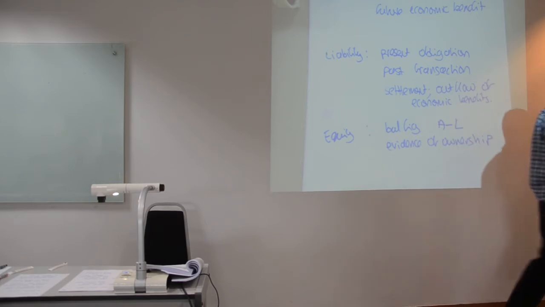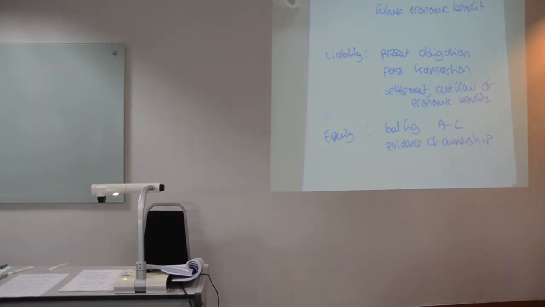If you own a property, and the property is worth 100, but your mortgage is 80, so your assets are 100, but the liabilities are 80, you would say the equity is 20.